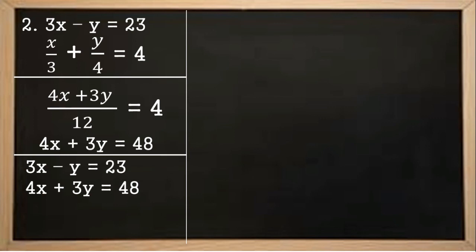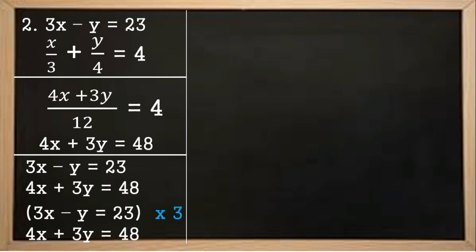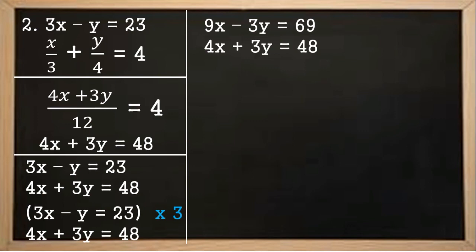By observation, you can note down, children, it is very easy to bring the value of y the same. Already we have 3x minus y is equal to 23, and the second equation 4x plus 3y is equal to 48. Hence the first equation can be multiplied by 3 so that the value of variable y is equal. 9x minus 3y is equal to 69. 4x plus 3y is equal to 48.